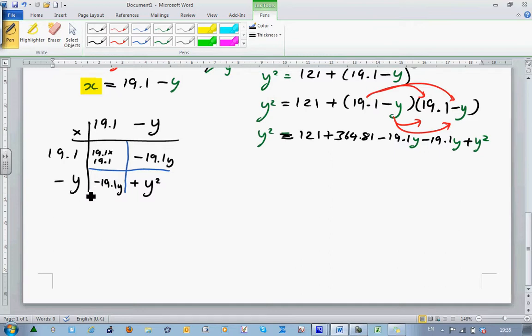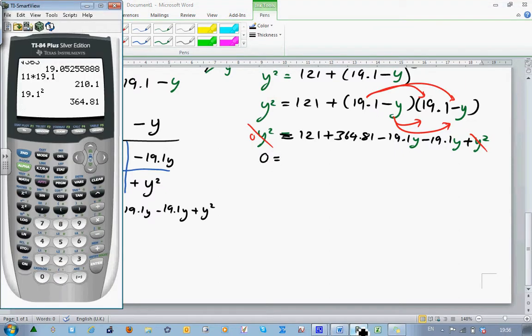So if I take y squared off both sides, then that goes to 0, and that disappears. So I end up with 0 equals 364.81 plus 121, which is 485.81, minus 19.1 minus 19.1, which is minus 38.2y.